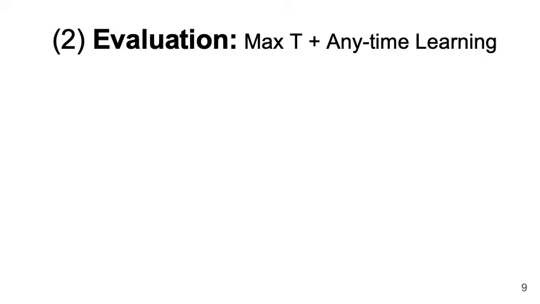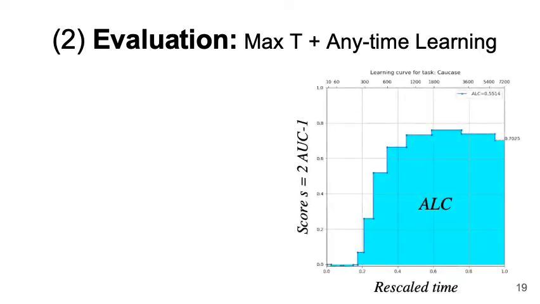Our evaluation metric was the area under the learning curve, or ALC. The learning curve is a plot of a performance score S, which we chose to be the area under the ROC curve, as a function of time. The ALC is the area under that curve, or the integral of S. Using the ALC as a metric allows us to continuously monitor progress of an algorithm during training.